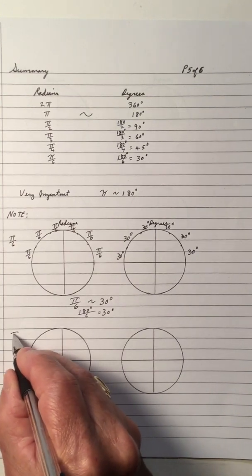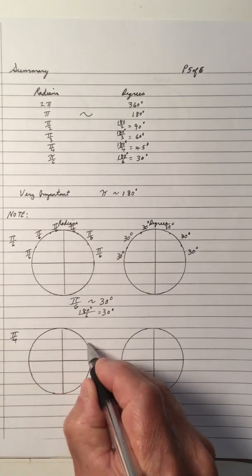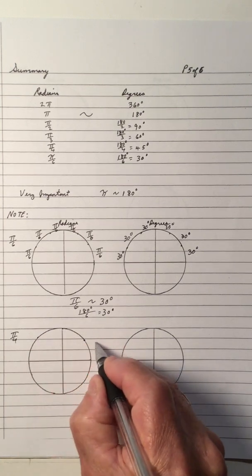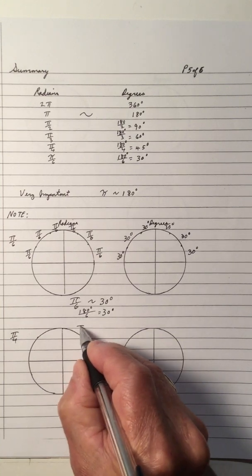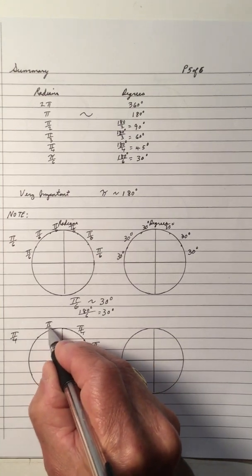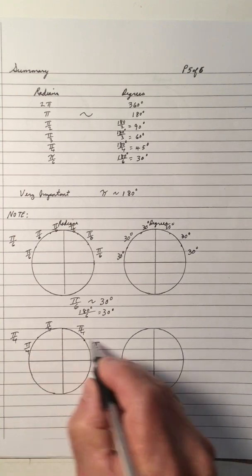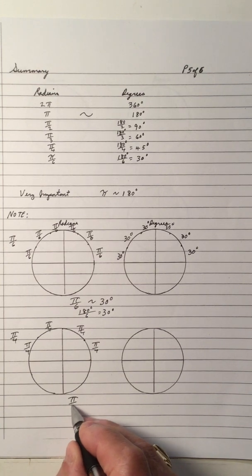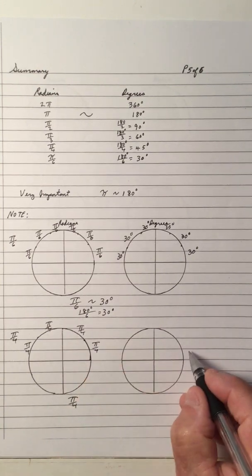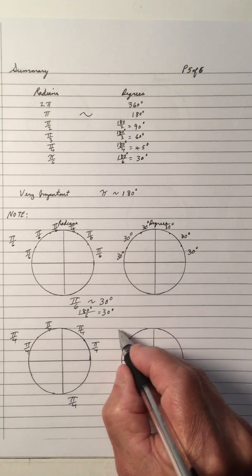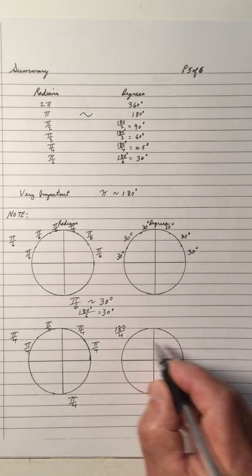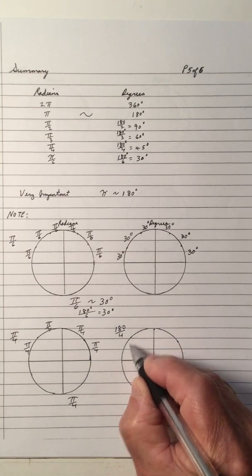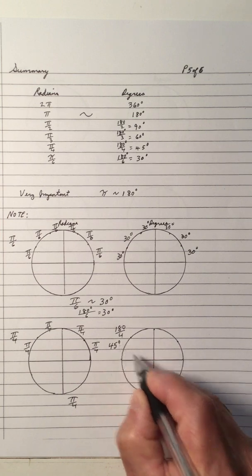Pi over 4. Pi divided into 4 equal parts: 1, 2, 3, 4. So that's a pi over 4, a pi over 4, a pi over 4, and a pi over 4. Pi divided into 4 equal parts gives a pi over 4 for each rotation. And if you take the 180 and divide it into 4 equal parts, you'll get 45 for each one.